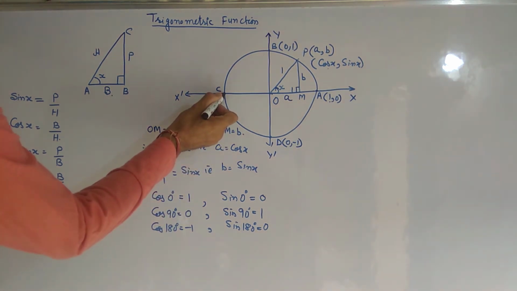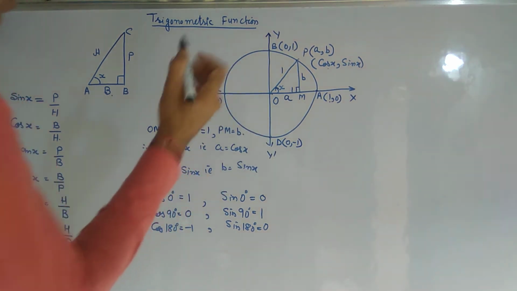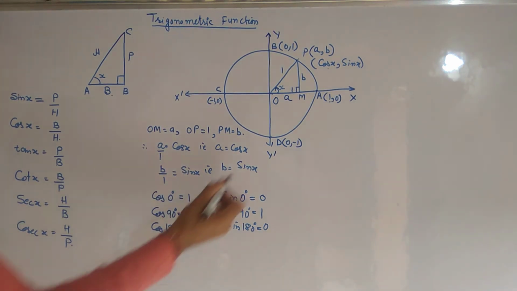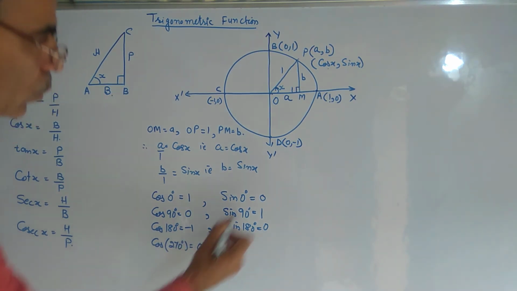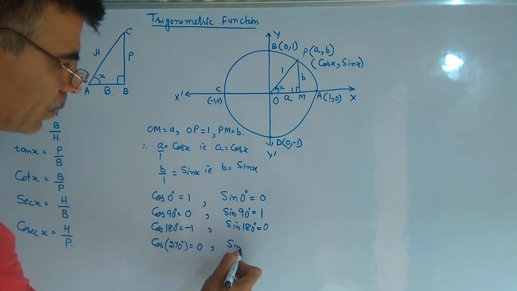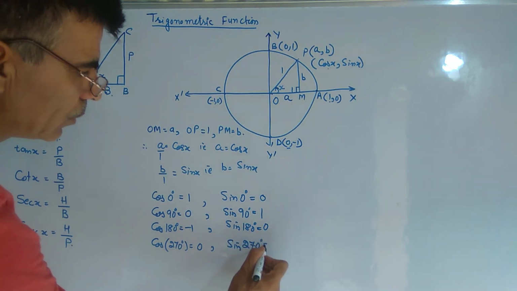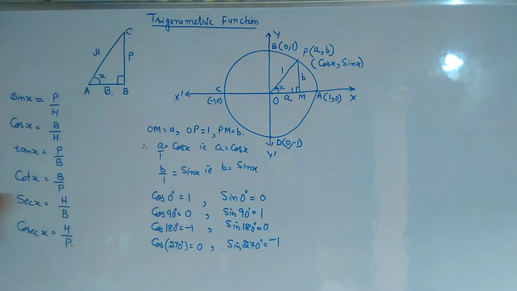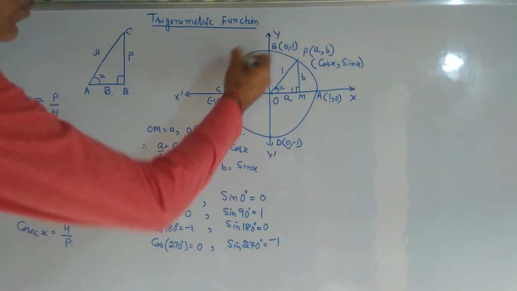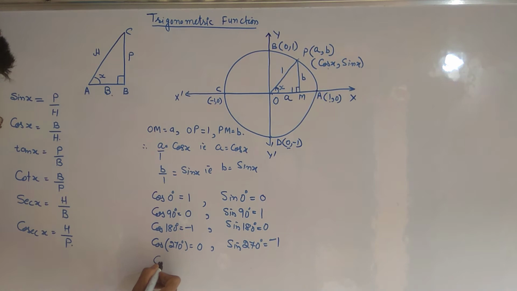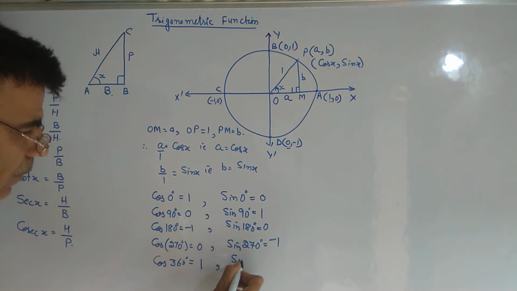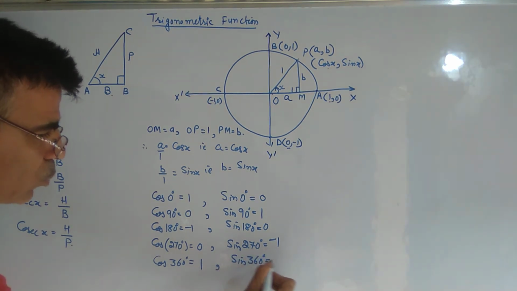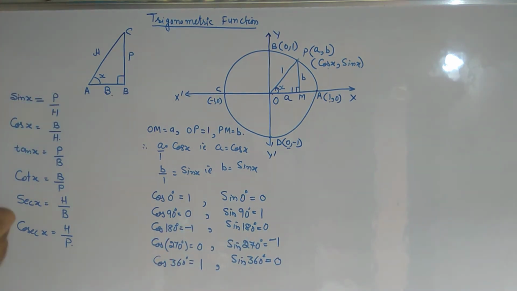Now when the point reaches D, the angle is 270 degrees, cos 270 degrees is equal to 0, and sine 270 degrees is equal to -1. And if it completes a revolution, 360 degrees or 2 pi, cos becomes 1, and sine 360 degrees, 2 pi, becomes 0.